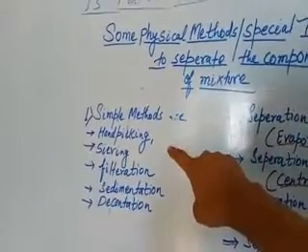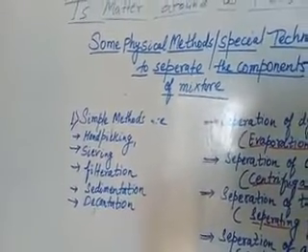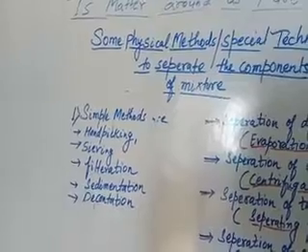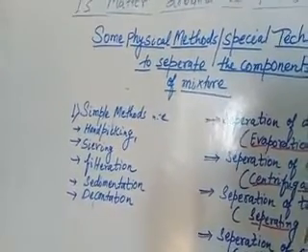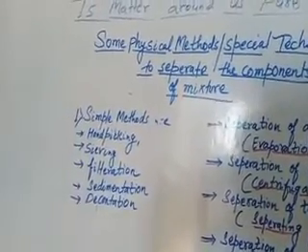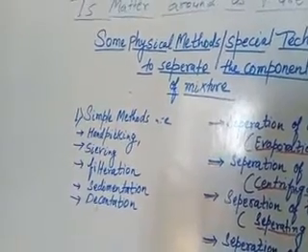The first one is the hand picking method, where we have to pick the undesirable material present in the mixture with our hand. So what are those undesirable materials?